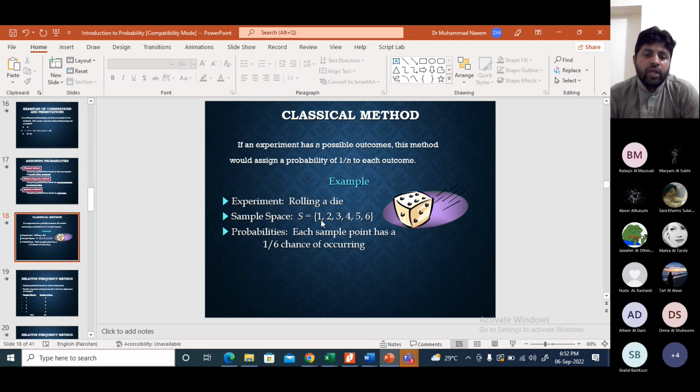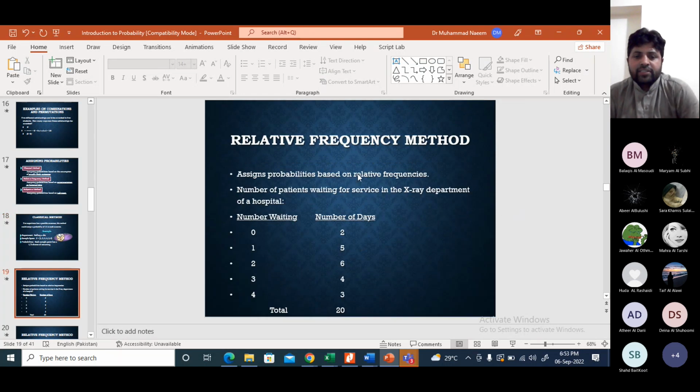To calculate the probability using the classical method, you have to calculate the total number of experimental outcomes. In the dice throw, the total number of experimental outcomes is 6. So the probability of each experimental outcome or each sample point is 1 out of 6.